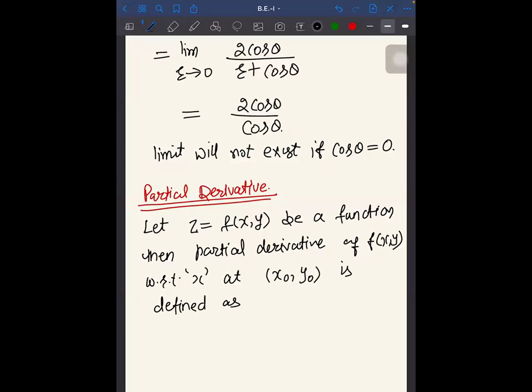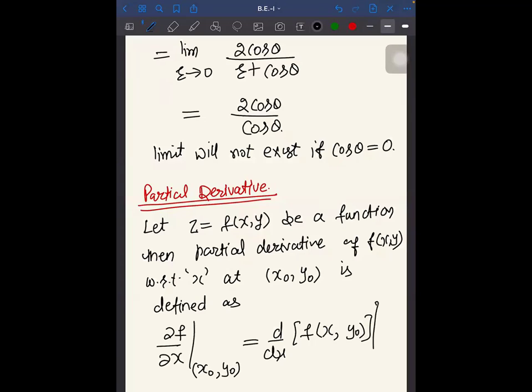इसको हम लिखते हैं ऐसे इस नोटेशन से, ये तो याद होगा ना. I'll be calling it as curly f upon curly x. Okay, so that would be nothing but simply taking the derivative of f and you keep your y constant. That's what it means, right? At point x is equal to x naught, right? Am I right?